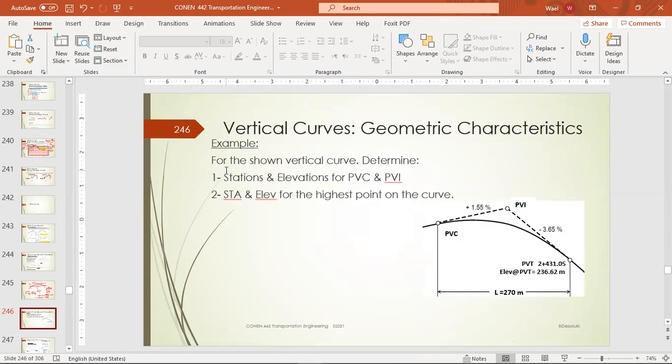Here, for the shown curve, determine the station and elevations for BVC and BVT.